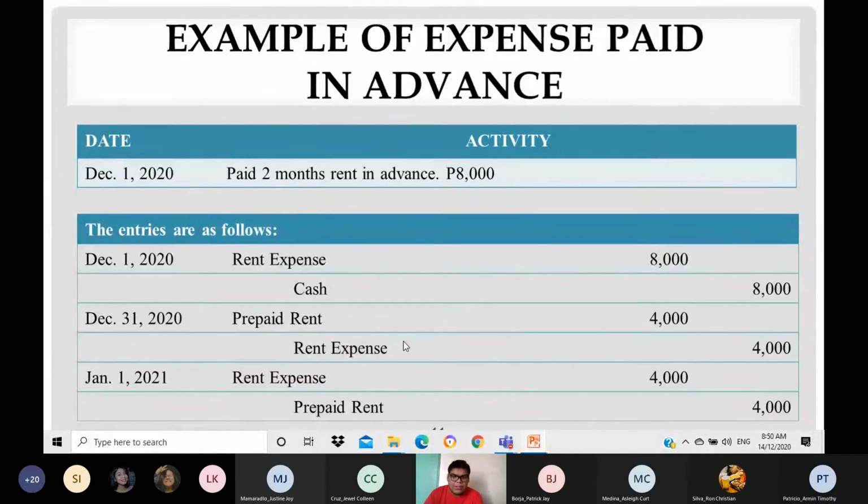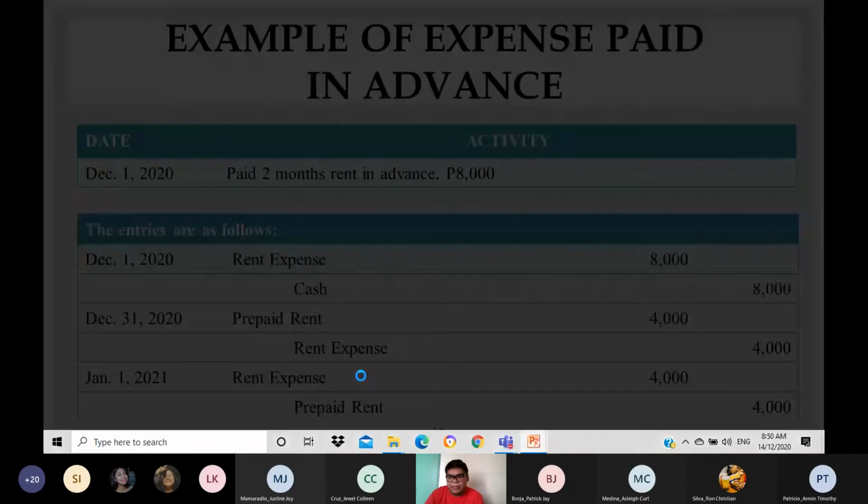nag-reverse lang siya, reversing entries. So 4,000 yung rent expense, make up lang yan. And then you have a prepaid rent of 4,000.